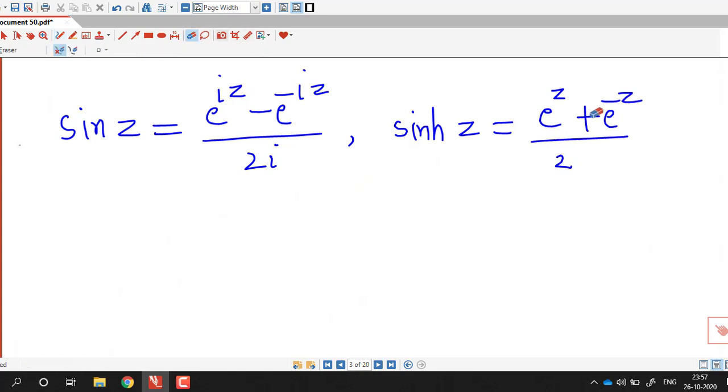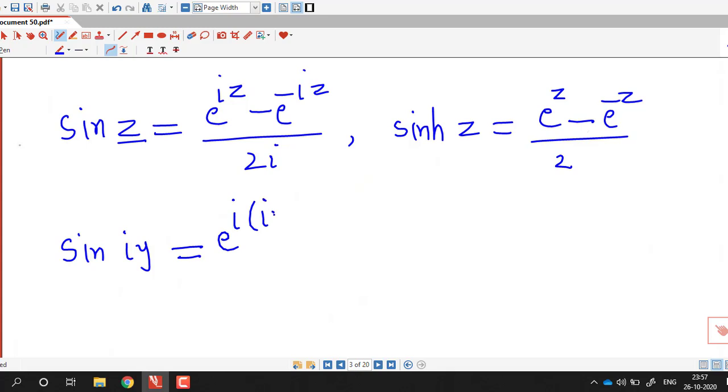Instead of a positive sign we have a negative sign for the sine function. For cosine it is positive. So we have to find out sine of i into y. So z is nothing but i into y. So we replace z by i into y, and then we simplify over 2i.